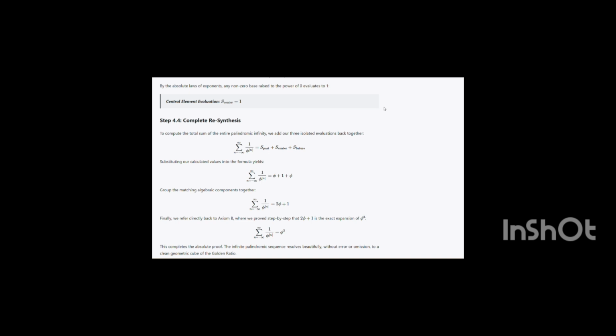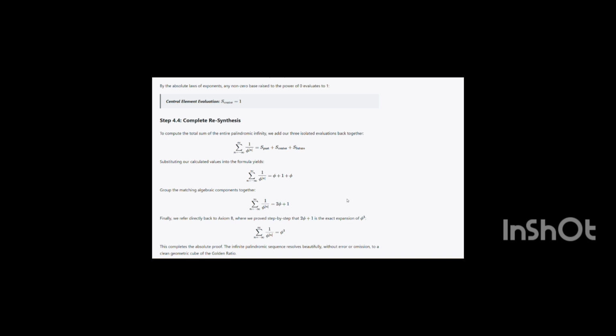We get the value phi, that is S past value, plus 1, that is S center value, plus phi, that is S future value, that equals 2 phi plus 1.